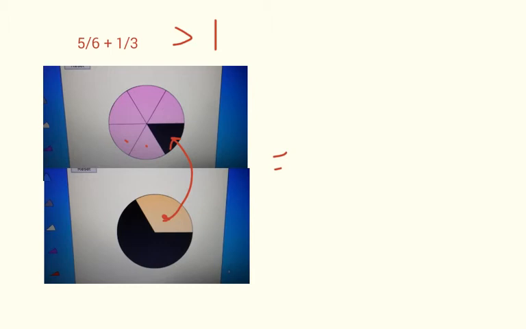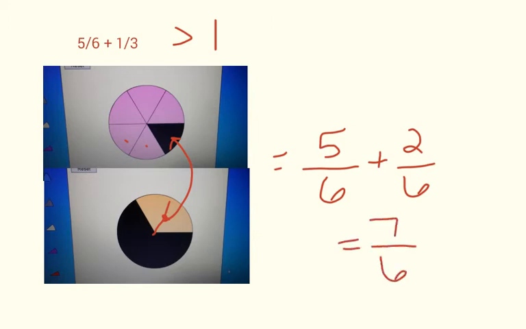If I know that, I could say that this 1 brown piece is the same amount as 2 of those pink pieces. Knowing that, I would say I have 5 of those pieces plus 2 more of those pieces would give me 7 of those 1/6 pieces.